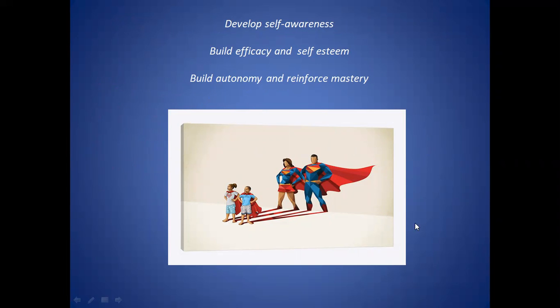So before we get to that one, the 3 steps, again, that we began with at the beginning, which is a good place to start, is developing self-awareness, building efficacy and self-esteem, building autonomy, and reinforcing mastery.